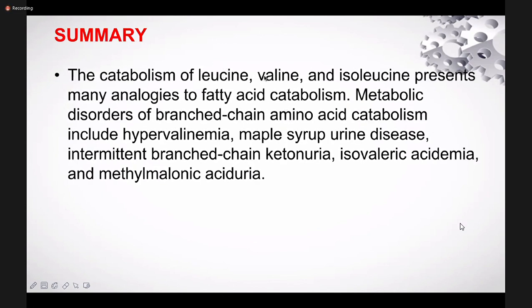These are the branched-chain amino acids. The catabolism of leucine, valine, and isoleucine presents many analogies to fatty acid catabolism. Metabolic disorders of branched-chain amino acid catabolism include hypervalinemia, maple syrup urine disease, intermittent branched-chain ketonuria, isovaleric acidemia, and methylmalonic aciduria.